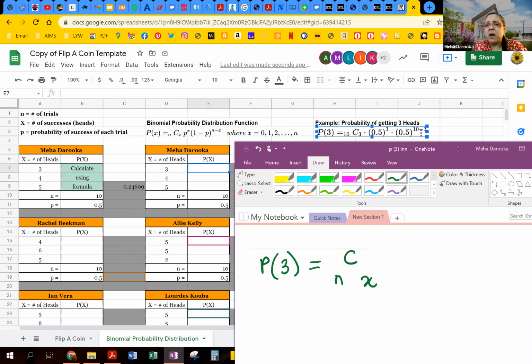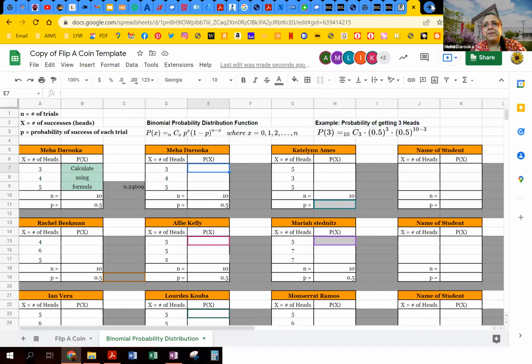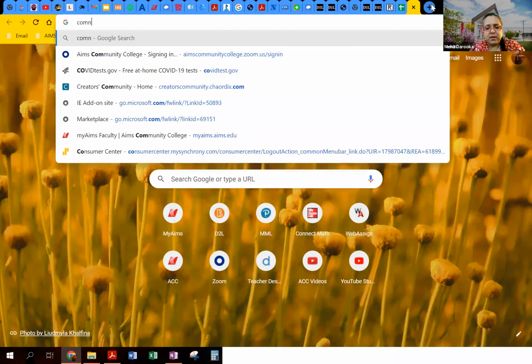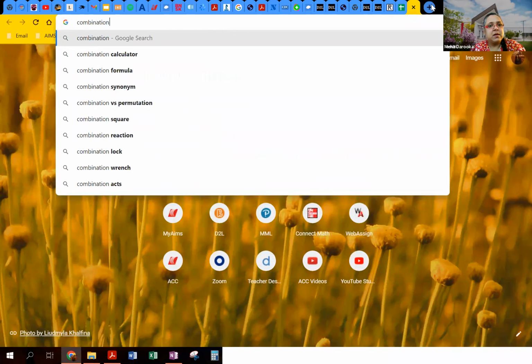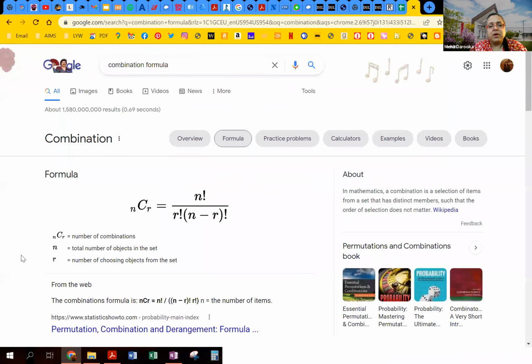This little notation that you are seeing over here, the C and X, is what we call the combination calculation. We're not really focusing on that a whole lot in here. If you've done a previous math class, you might have come across permutation and combination. That's where this comes from, and we define it using factorials.